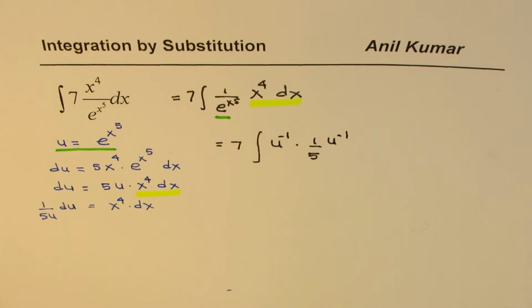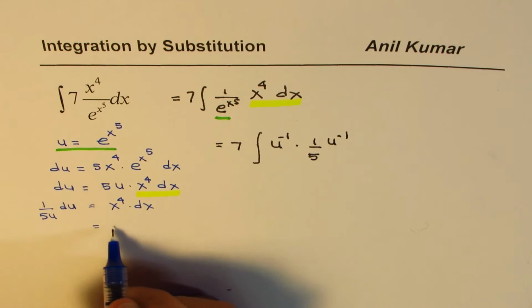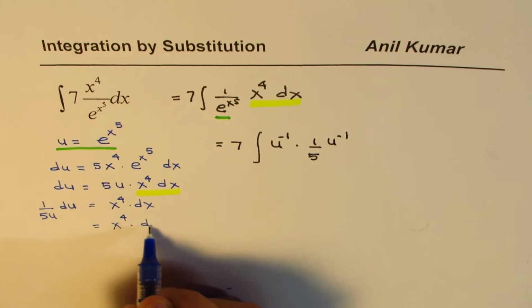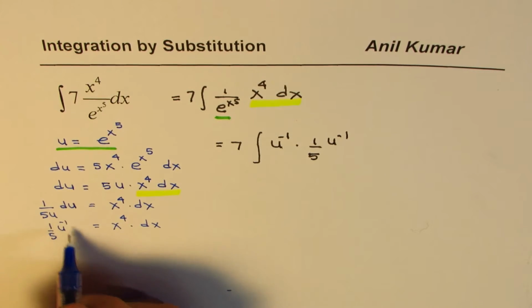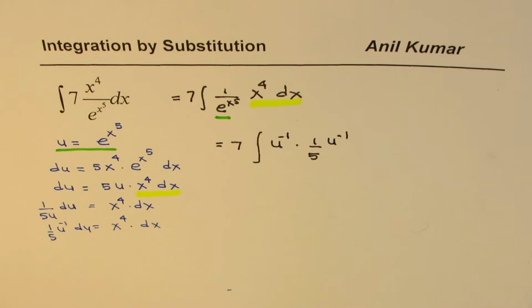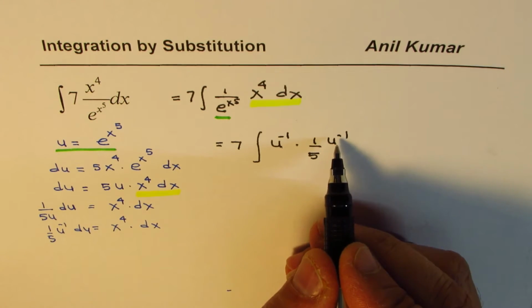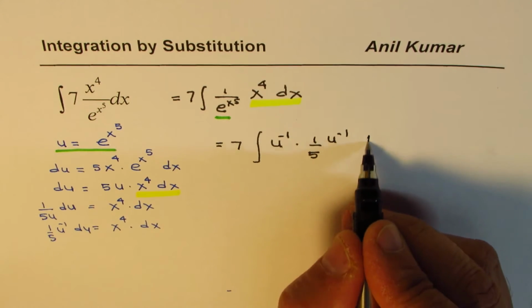Let me rewrite this here: x to the power of 4 dx is 1 over 5 u to the power of minus 1 du. Is it okay? So we wrote this part as 1 over 5 u to the power of minus 1 du.